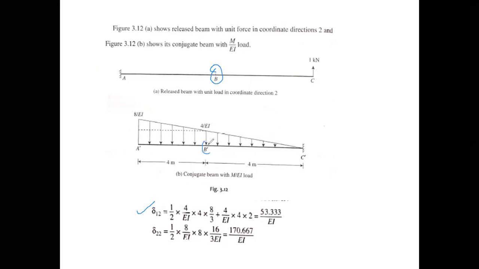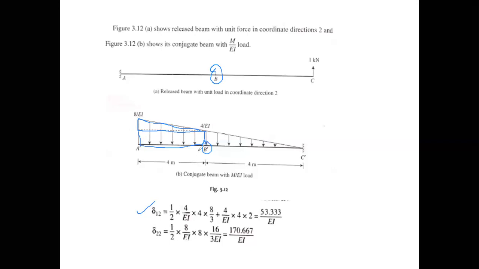The moment over here will be simply due to this loading, that is, the load of this can be divided into the load of this triangular portion and this rectangular portion, and the whole load will give the moment at this point.